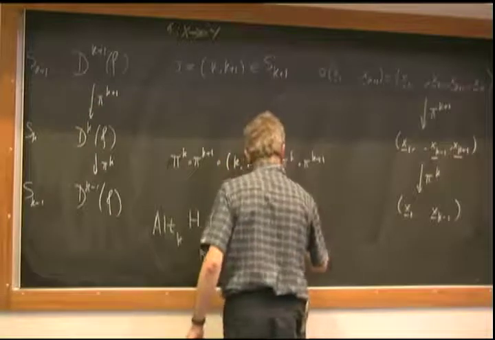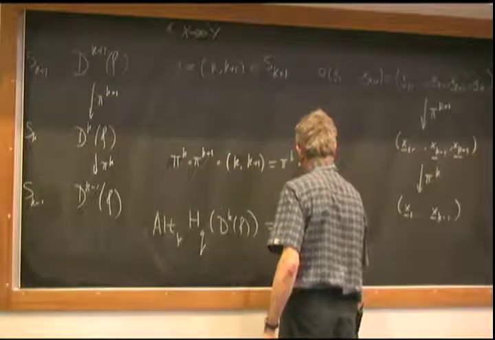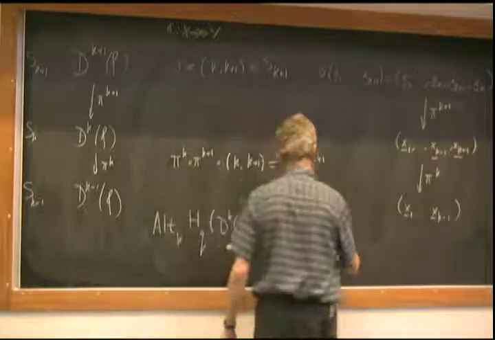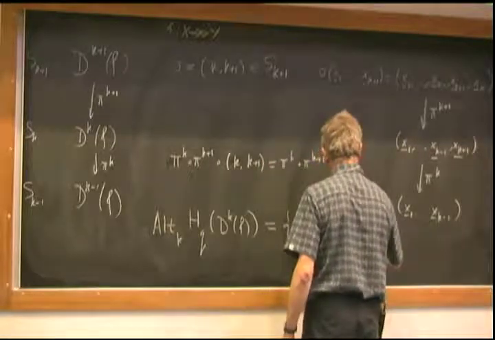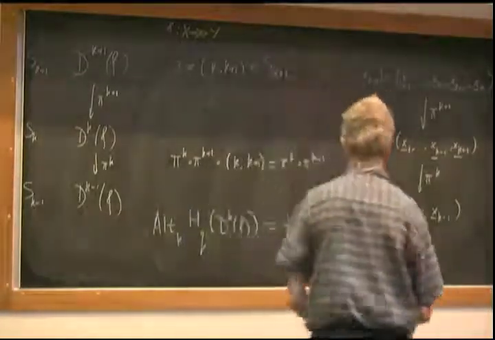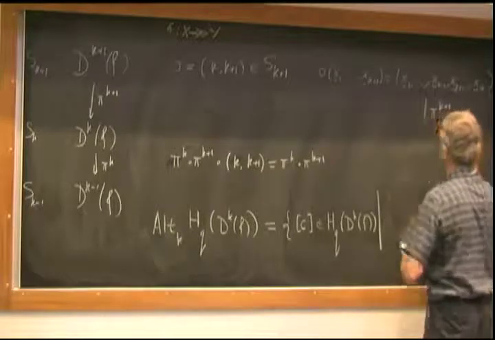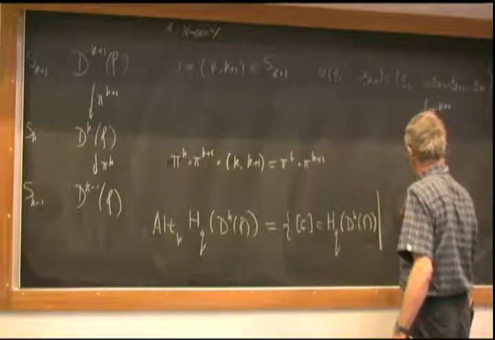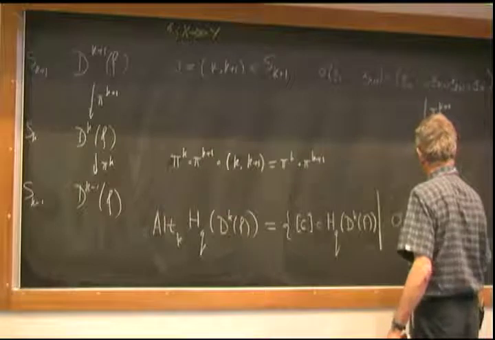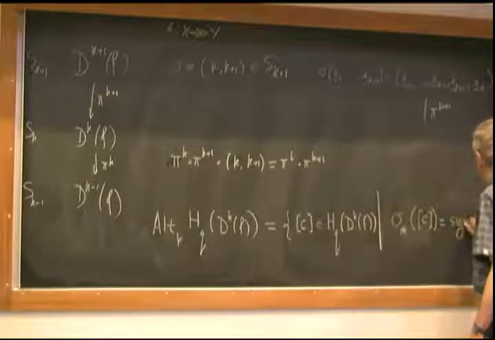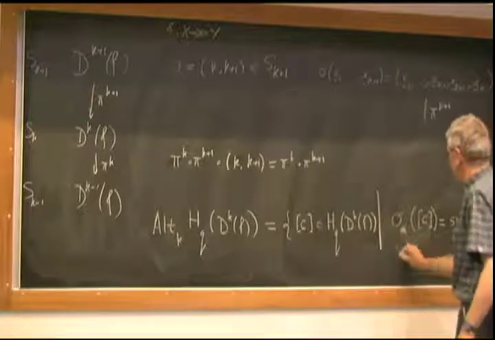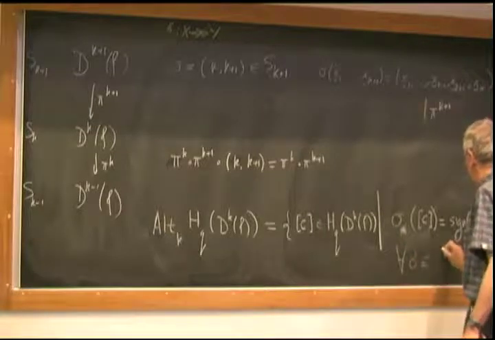This is the set of homology classes, an ordinary homology class C, such that sigma lower star of C is the sign of sigma times C for all sigma in the symmetric group.